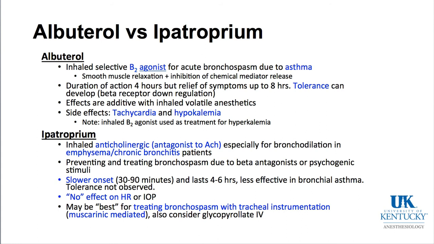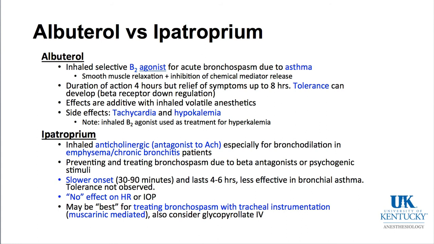1. Ipratropium is an inhaled anticholinergic drug that causes antagonism to acetylcholine, and it works very effectively to bronchodilate in patients with emphysema and chronic bronchitis. And it has a slower onset than does albuterol, lasts a little bit longer, doesn't have a real effect on heart rate or intraocular pressure, which you might worry about with blocking anticholinergic effects.